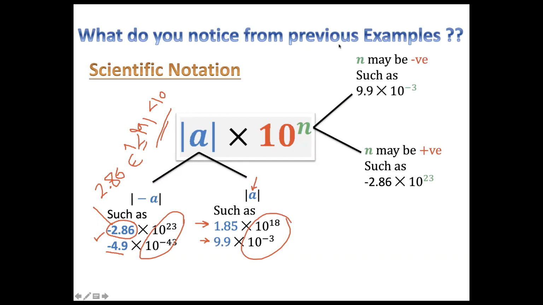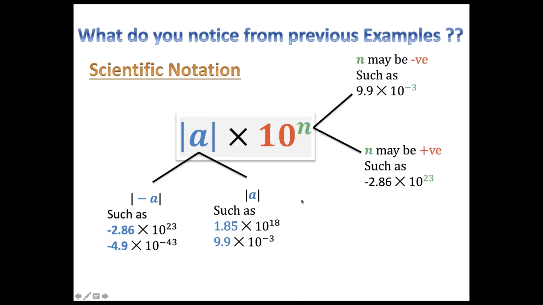So here I can also have the power with a negative value or a positive value, such as in those examples. The A in all types should be greater than or equal to 1 and less than 10, and n should belong to Z.